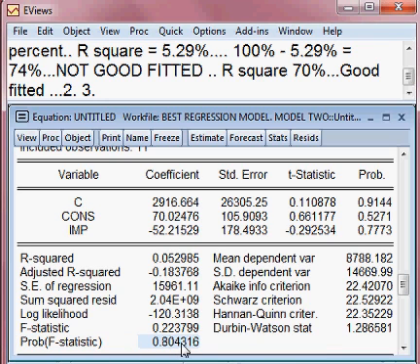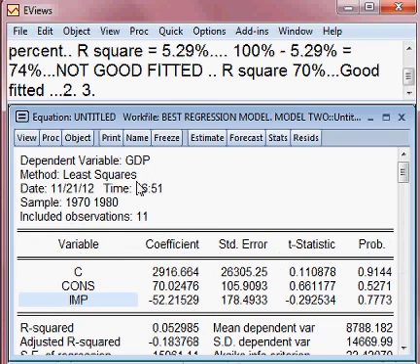Here the p-value is how much? 80.43%, meaning that it is not significant, meaning that consumption and import jointly cannot influence the dependent variable, which is GDP, and that is not desirable.